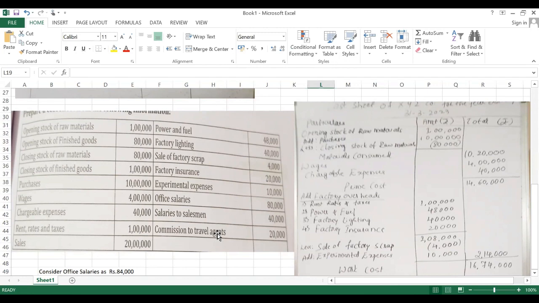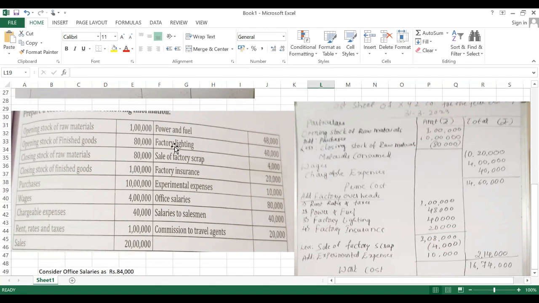So again, just go through the format once. And is any direct material given? No. Direct materials or material consumed are not given. Again, they have given the opening stock of raw materials. So first thing is opening stock of raw material, which is 1 lakh. Add purchases.